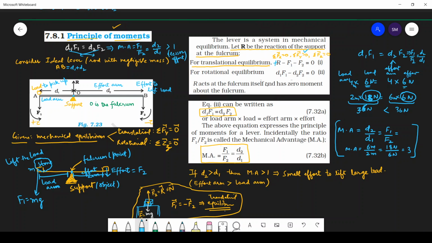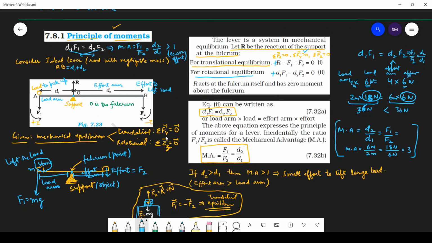Sir. Now rotational equilibrium. The torque acting at this point A is R into F, because this angle is 90, and this direction is positive. So plus D1 F1, and this direction is negative, so minus D2 F2.